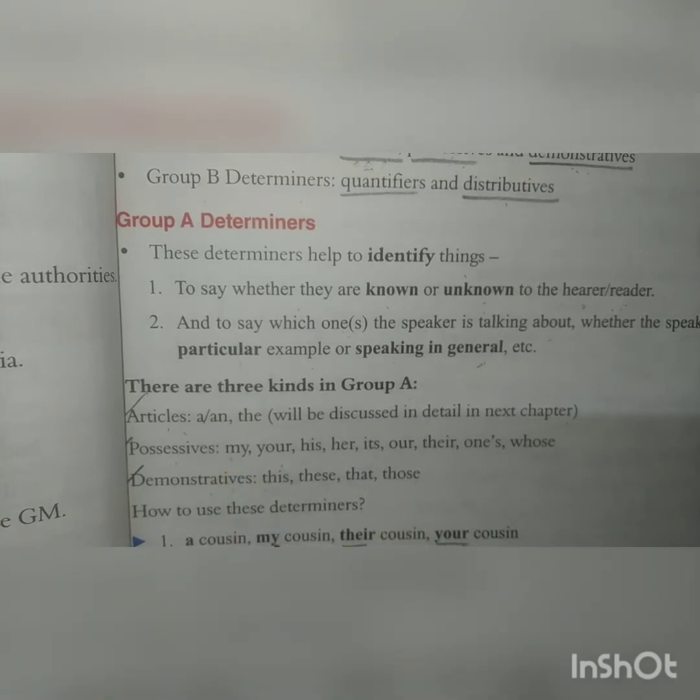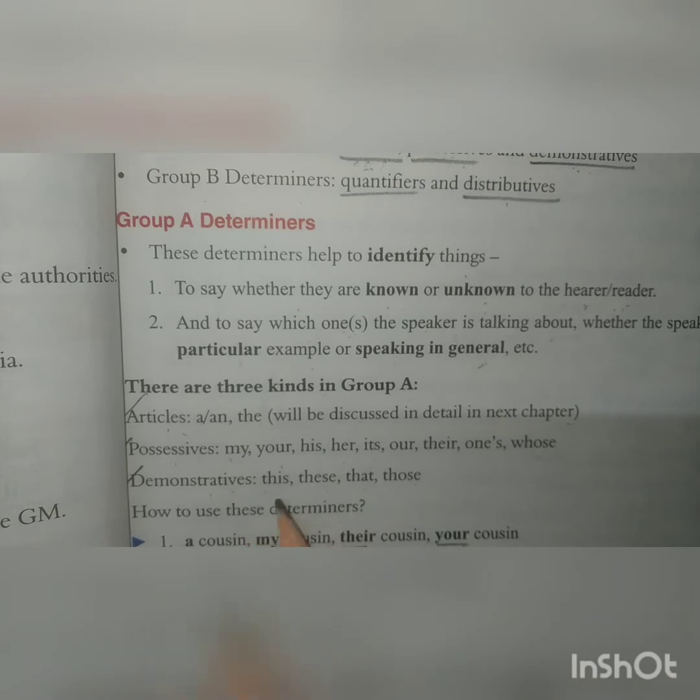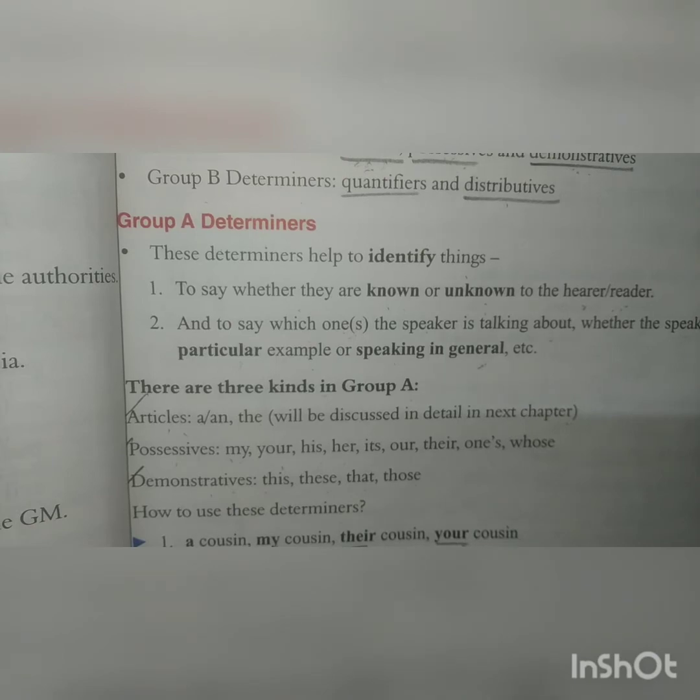My cousin, possessive. Their cousin, again possessive. Your cousin, again possessive. But we cannot use these together, like a and the also. The cousin, no, it's wrong. My cousin with an article, no, it is also incorrect.